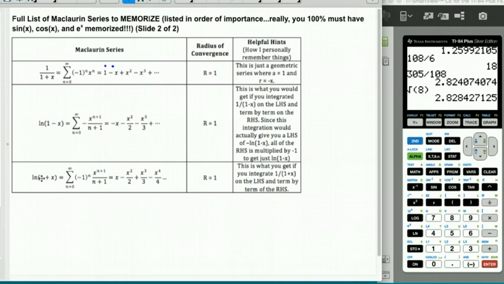The same thing if you wanted the natural log of 1 plus x, that's what happens if you integrate this formula piece by piece. If you integrate 1, you'd get x. If you integrated a negative x, you'd get a negative x squared over 2. If you integrated the x squared, you'd get an x cubed over 3. And we're going to go into that in other videos because this has already been a pretty long video.